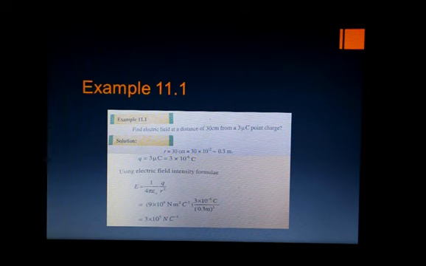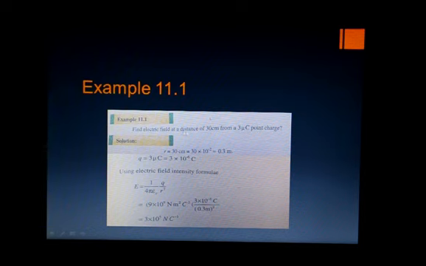Now this is the first example of the chapter, and this is the first numerical problem, and you must complete your data, that is data given, required, solution, formula you are going to use. Okay, find electric field at a distance of 30 centimeter from a 3 microcoulomb point charge.